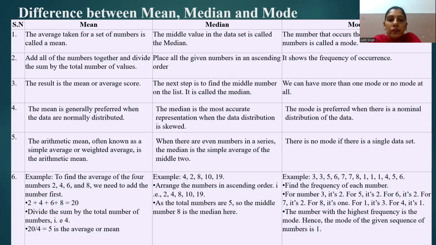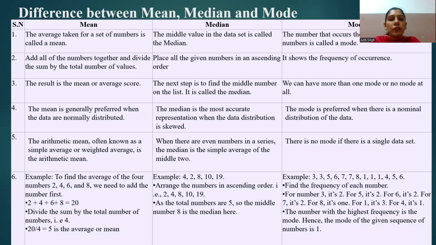Suppose there are five values in a given data series, 1 2 3 4 5. First we add all five values, 1 plus 2 plus 3 plus 4 plus 5, and then we divide it by the total number, which is 5. That is how we can calculate the value of mean.